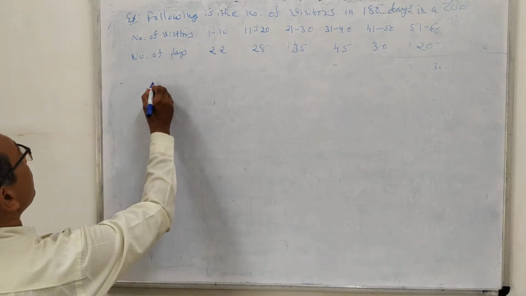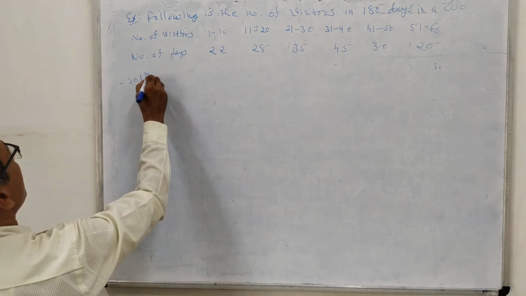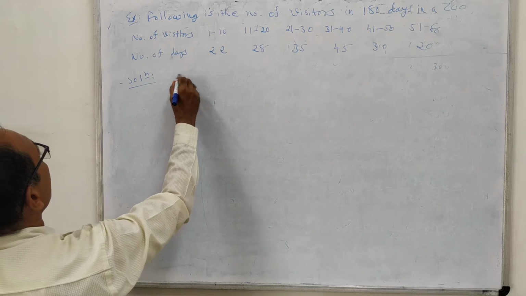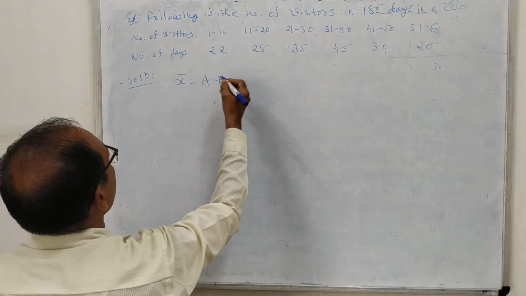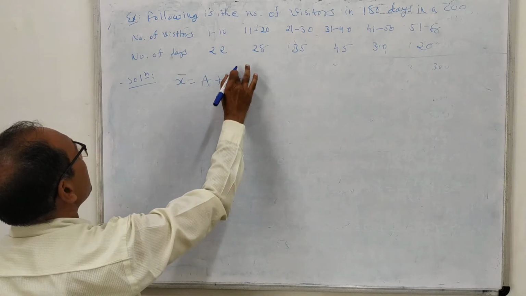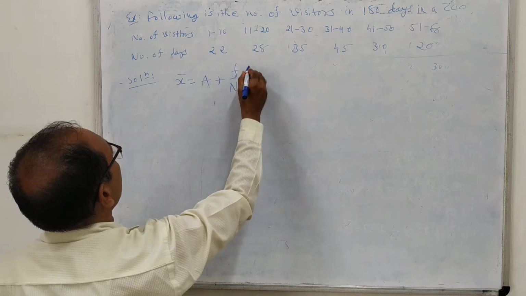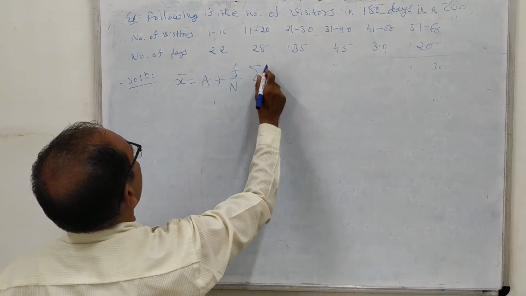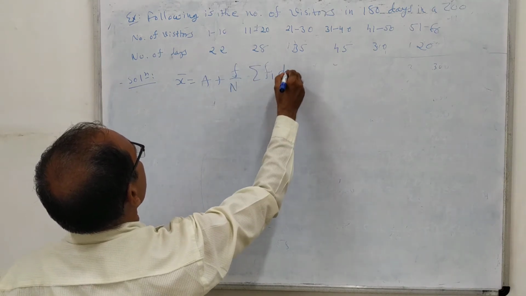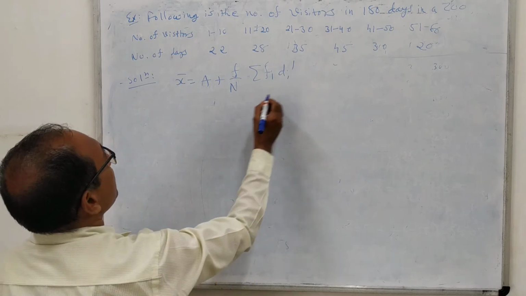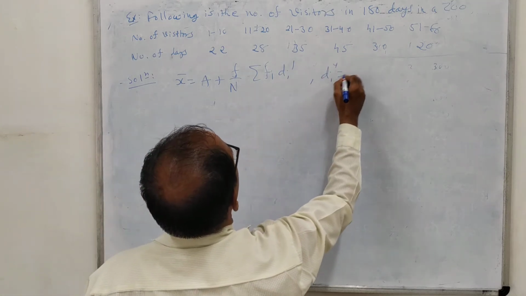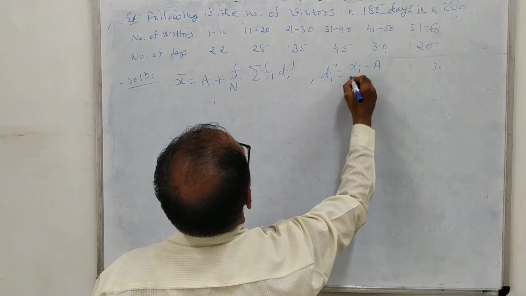So we will make use of the formula x bar equal to capital A plus h into 1 upon N sigma fi into di dash. This formula is the same as the last formula, where di dash equal to xi minus A over h.